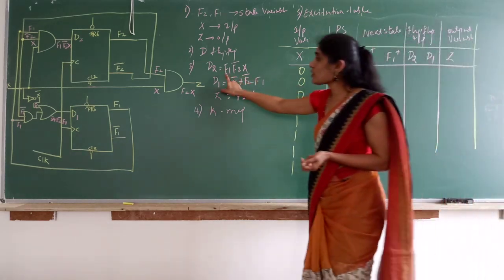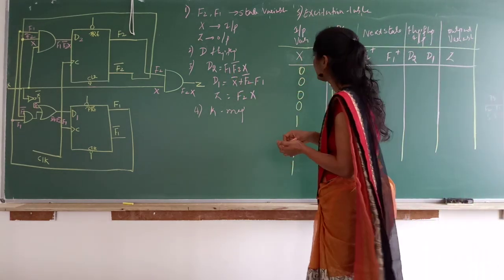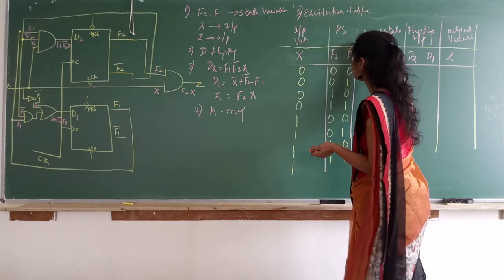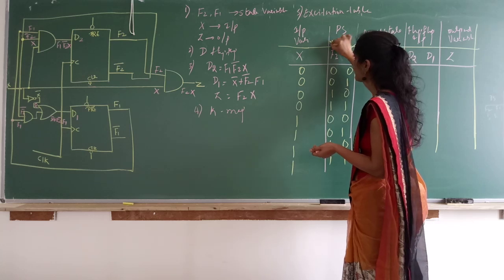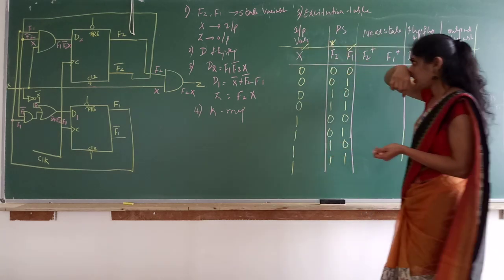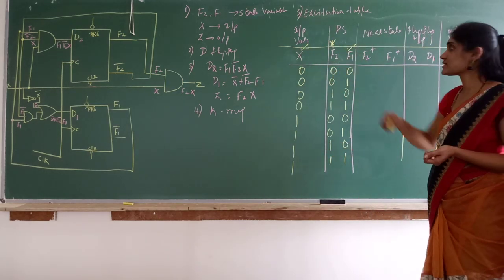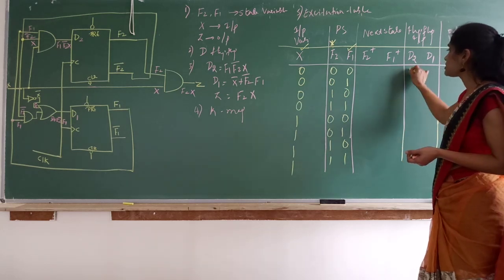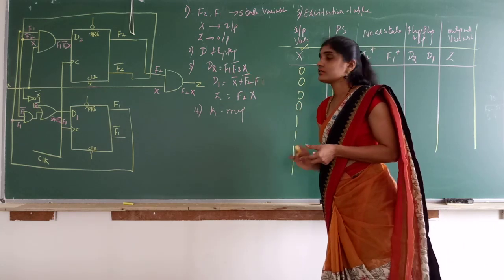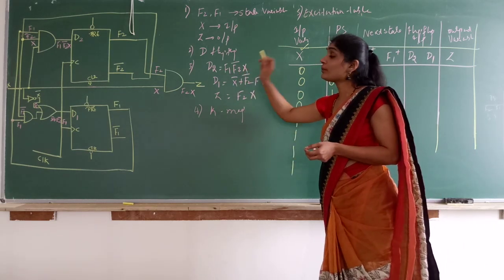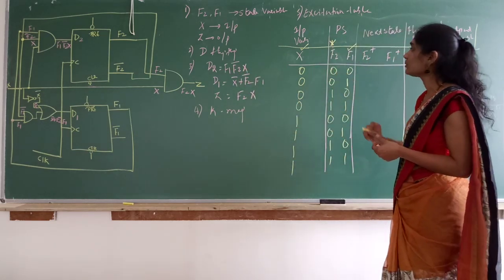So here D2 is F1, F2 bar, X. When will D2 be equal to 1? When all these 3 are 1. But this is F2 bar, and here we have F2.